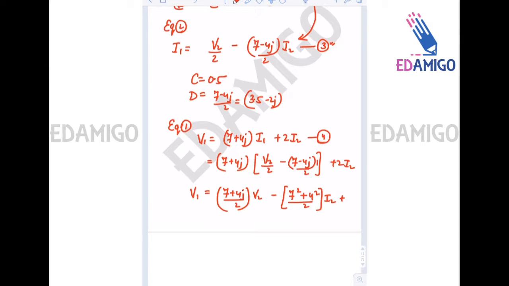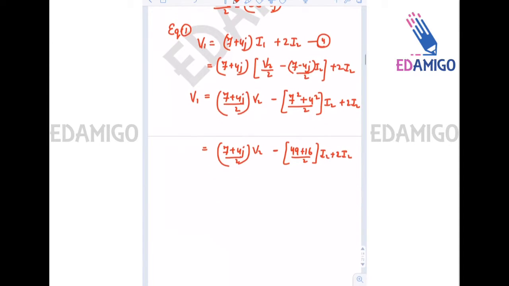This is equal to (7 plus 4j) divided by 2 V2 minus (49 plus 16) divided by 2 I2 plus 2 I2.